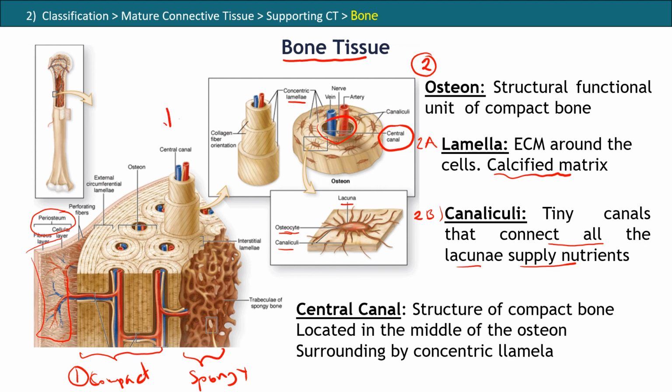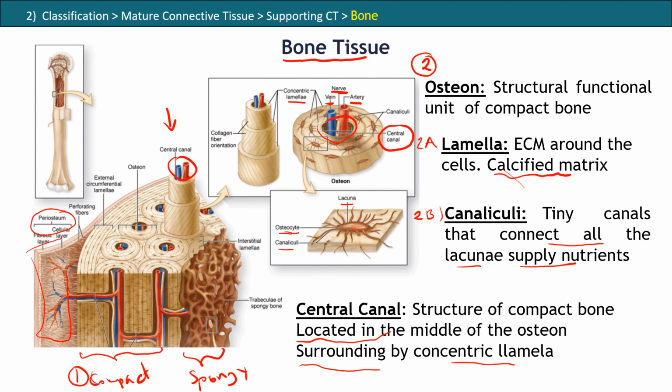Here you see another central canal. It is located in the middle of the osteon, and it's surrounded by the concentric lamellae, that is the specialized ECM that has been calcified. And in the middle, you will find three things: nerves, veins, and arteries.